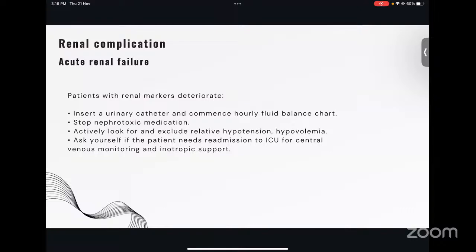Recheck the medications and stop any nephrotoxic drugs such as angiotensin converting enzyme inhibitors, non-steroidal anti-inflammatory drugs, and antibiotics such as gentamicin. Actively look to exclude relative hypotension, hypovolemia, sepsis, and delayed cardiac tamponade. If the patient is hypovolemic, stop any diuretic therapy and hydrate the patient carefully.